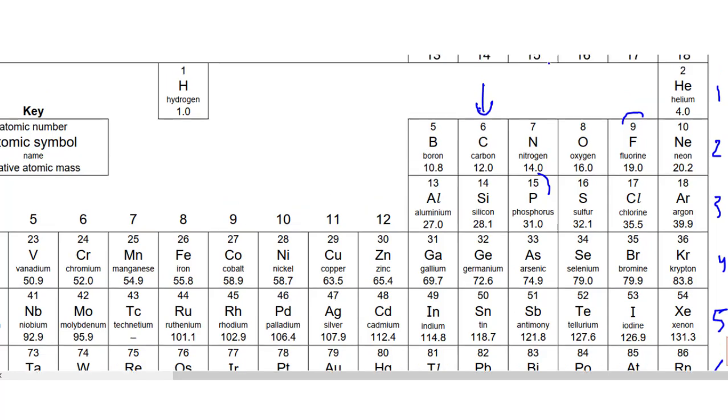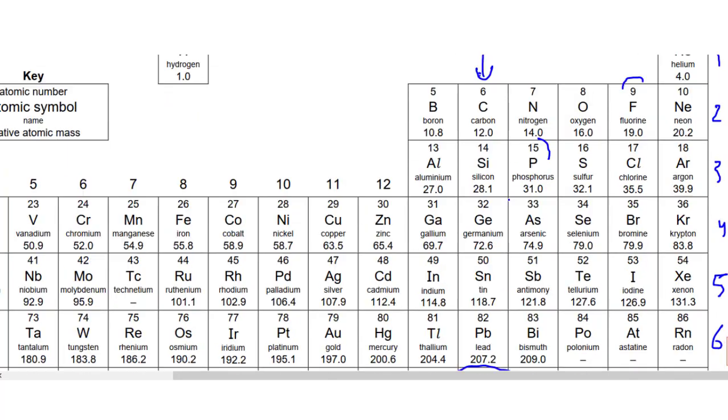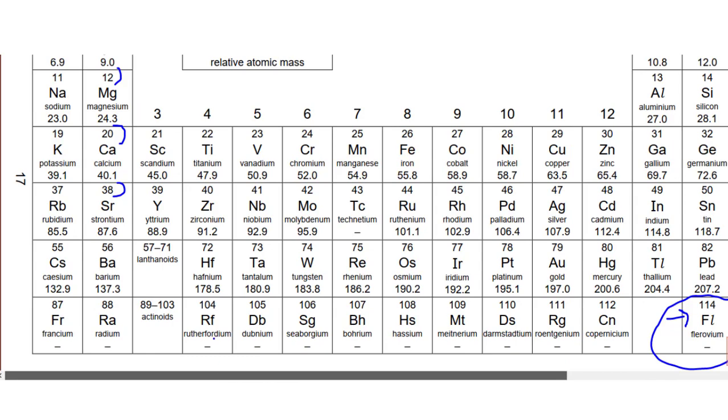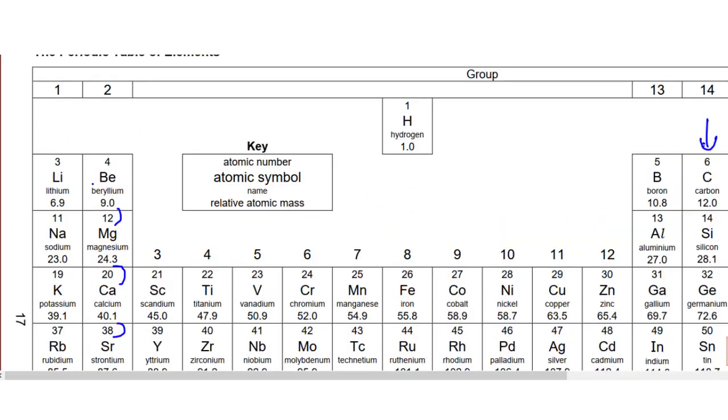So this is group 14, but simply we can count from group 1. This is group 1, and then group 2, and then we can go to group 3, and then this is group 4.